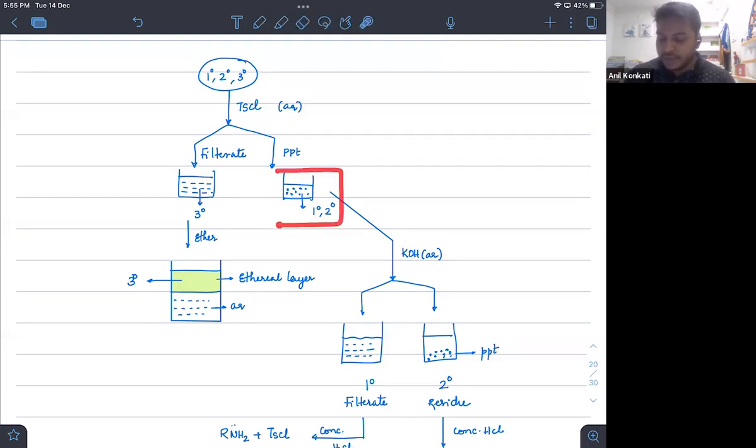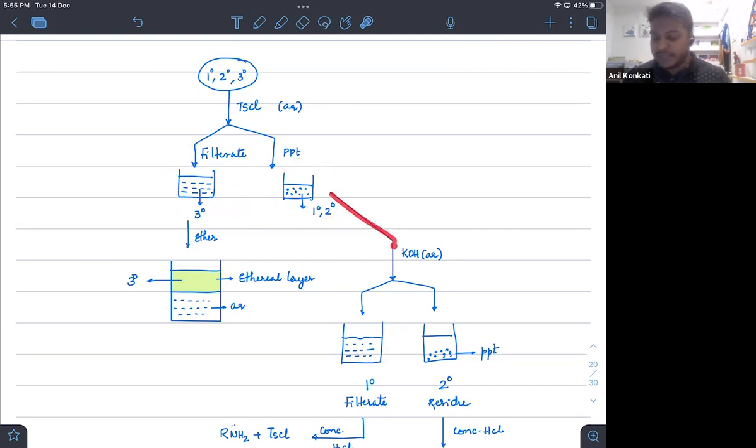The 1 degree and 2 degree both will undergo precipitation. But 3 degree, since it is forming just like a salt directly, it can be in the form of filtrate. So first we'll eliminate that. So the filtrate part, that is the 3 degree part, we have eliminated and precipitate को हमने अलग कर दिया.